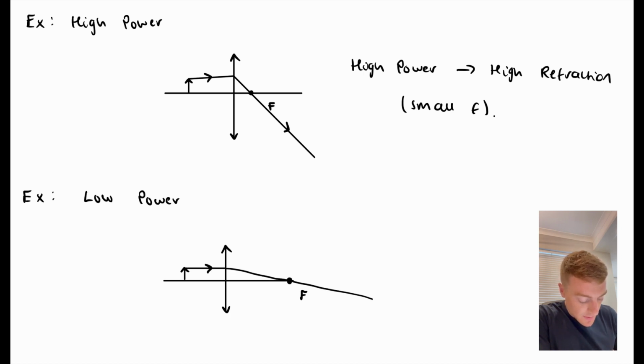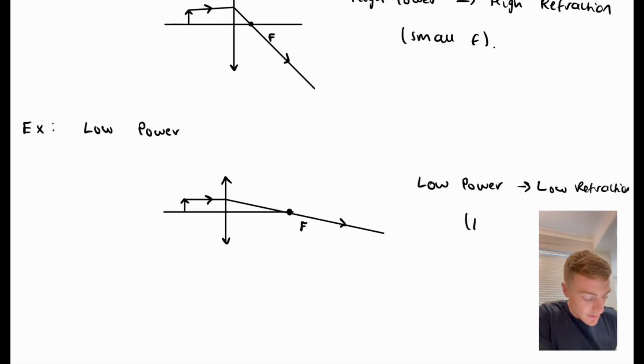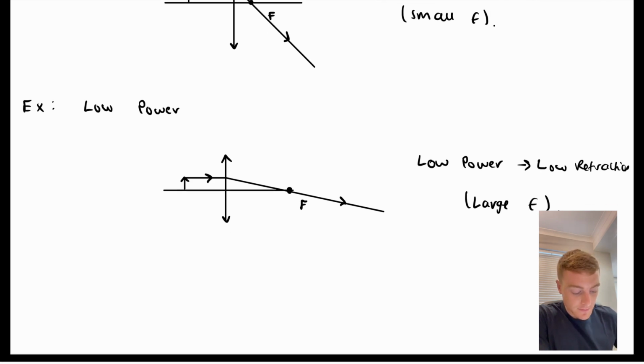And then this time, the angle at which it refracts is very small compared to what it was previously. Okay, so we've got a low power. So we've got low refraction. And therefore a large focal length.